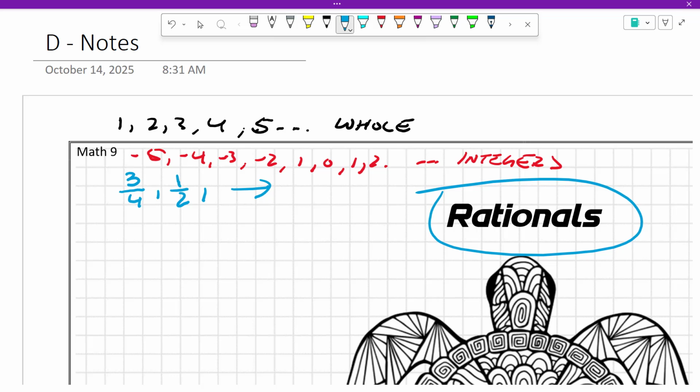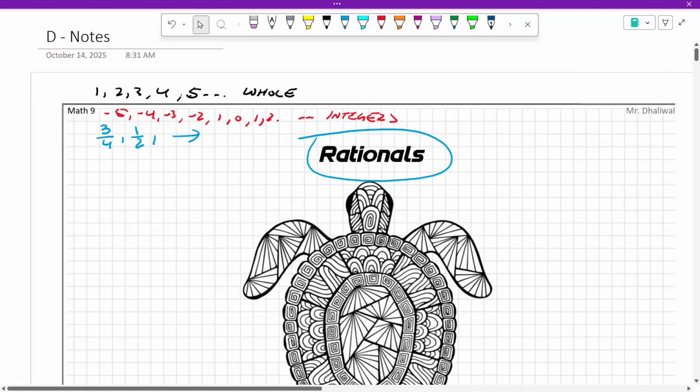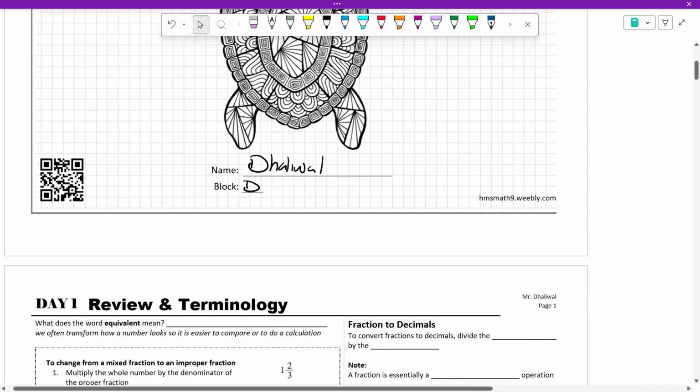So this is our last year of reviewing and getting a good solid foundation on it. This chapter is very similar to grade 8, maybe a little trickier for some of you because it has more negative signs. Other than that, it should hopefully not be too bad.